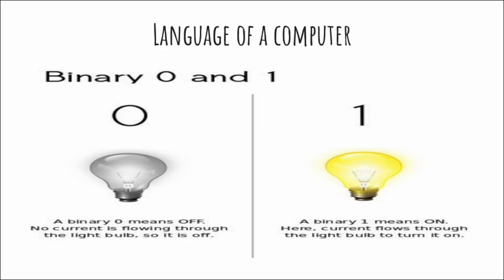Okay, so imagine if you have only one wire. You have two options: either you pass current through it or you don't. If you don't pass current through it, you can think of it as having a value 0. If you pass current through it, it's having a value 1. Now, given one wire, how many possibilities do you have? 2. It can be in 2 states, on or off.